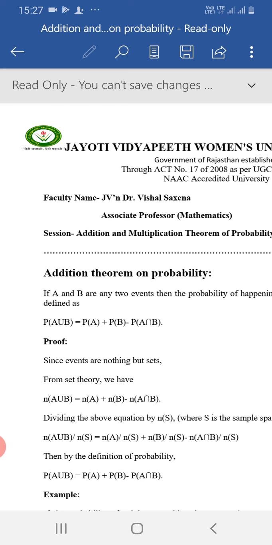Then by definition of probability, P(A union B) is equal to P(A) plus P(B) minus P(A intersection B).